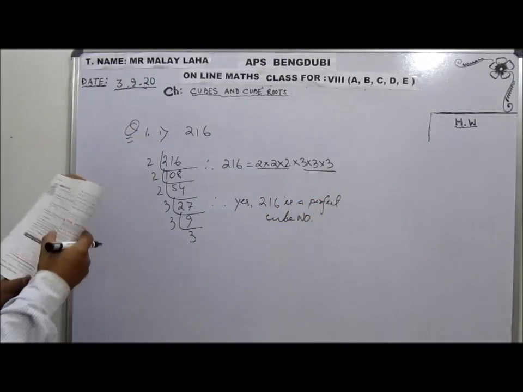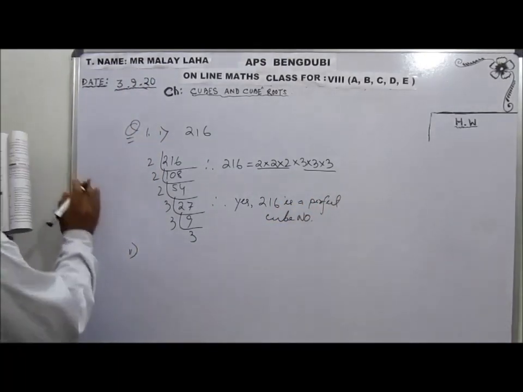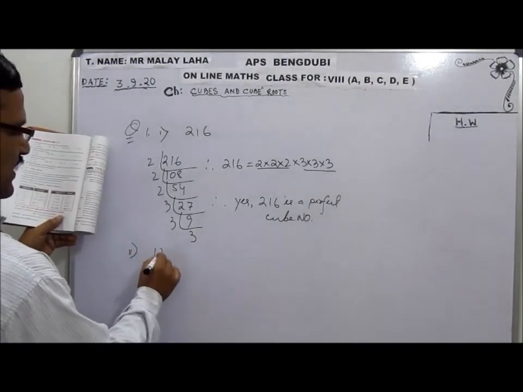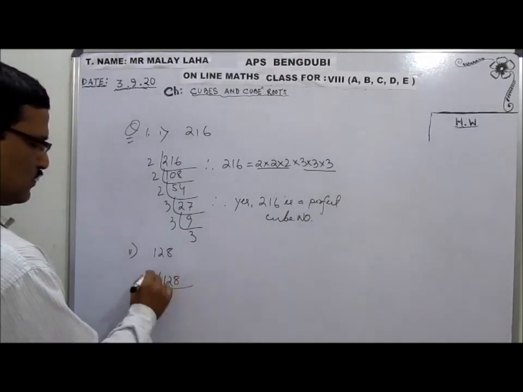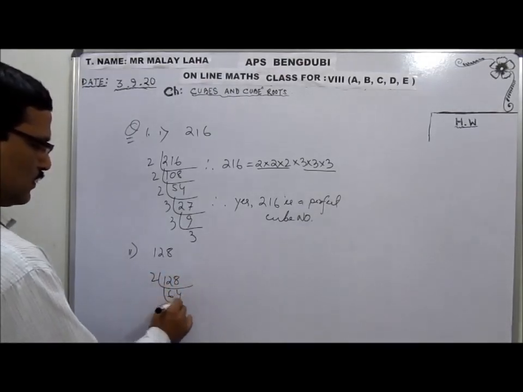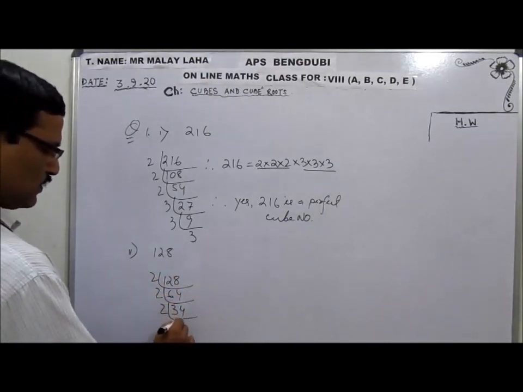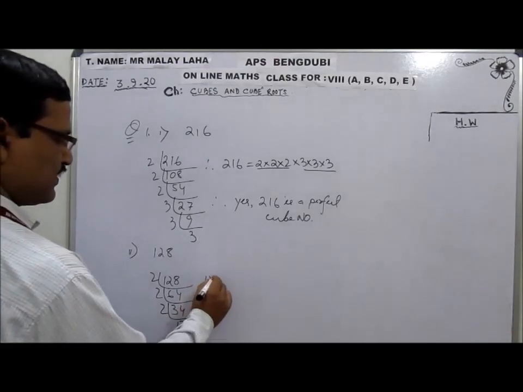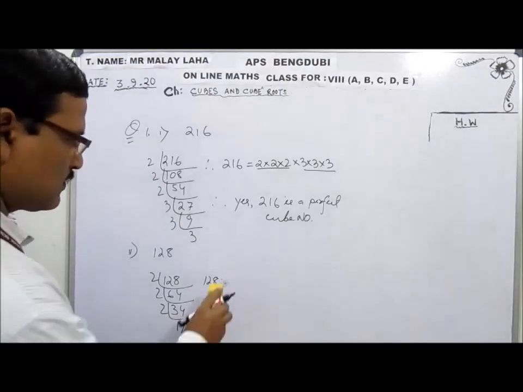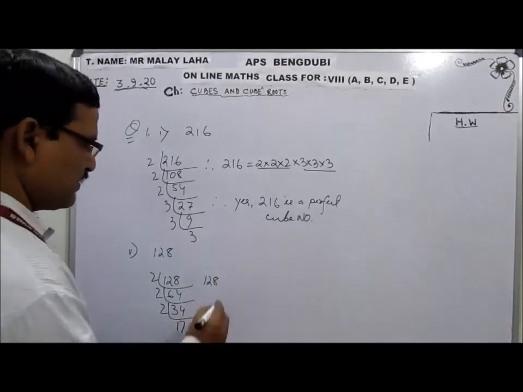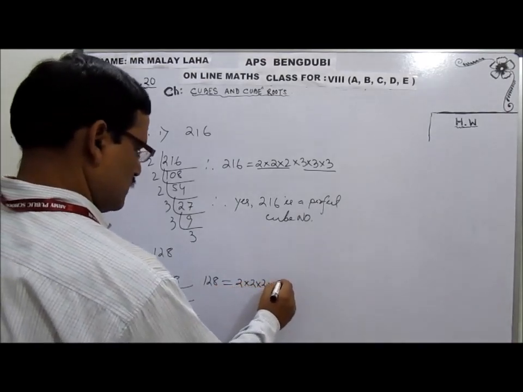Clear? Now the next question, I have to finish it quickly so that I can start revision earlier. Is 128 a perfect cube number or not? Perform factorization. 2, 64, 2, 32, 2, 16 and so on. 128 can be written as 2 into 2 into 2 and so on.